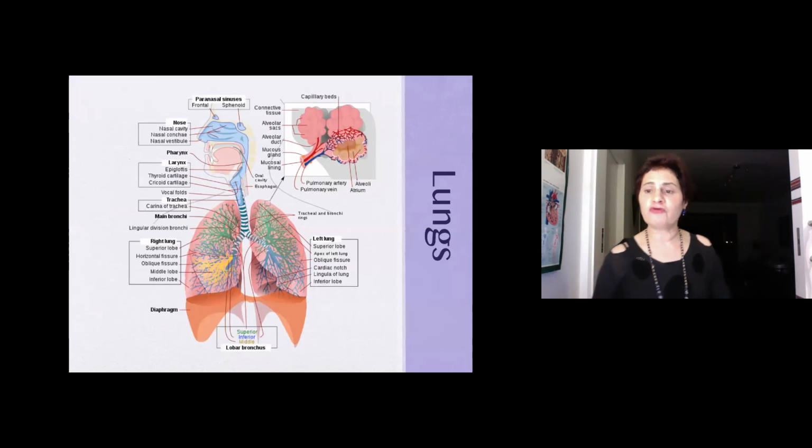Okay, let's go forward a little bit and look at the lungs. Now, we have 2 lungs, the right and the left. On the left side, we only have 2 lobes, and on the right side, we have 3 lobes.